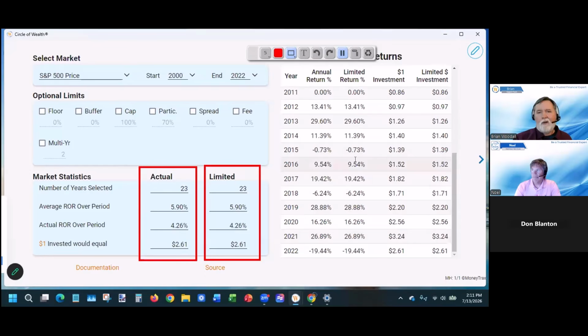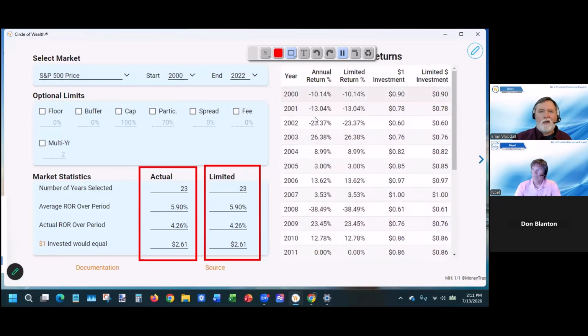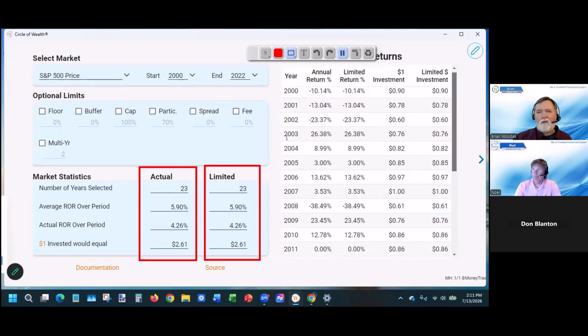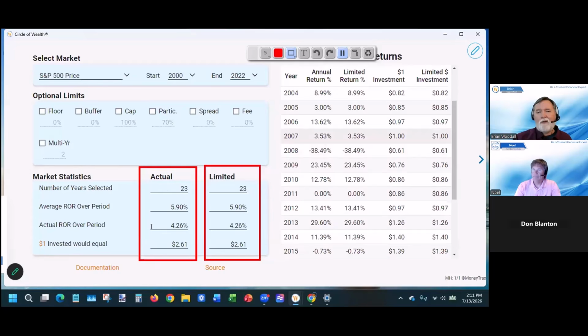I have a big loss right up at 2008. Thank you, housing, and of course the three losses right here in 2000 to 2002, the dot-com bust. So if I invested $1 at this point, you can see my value goes down year by year at the beginning. Then it finally climbs back out, but I'm not even again until 2007.